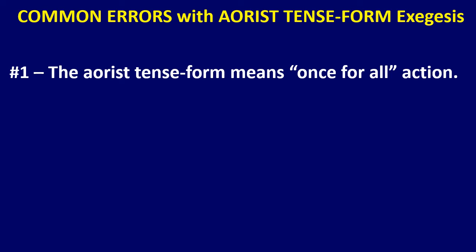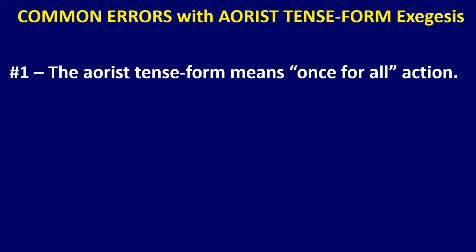The same is true when it comes to the present tense. More recently, a scholar named David Mathewson has written an article called The Abused Present, playing off of the same title by Frank Stegall. But in Mathewson's article, he shows that the present tense form doesn't always mean continuous ongoing action.